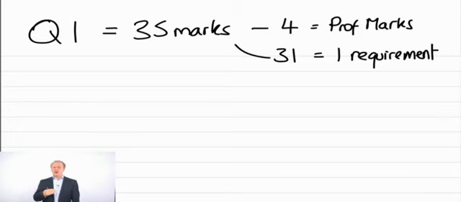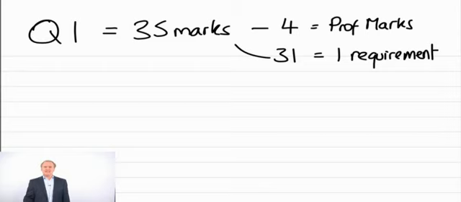Just read what the partner is asking and break down what the partner wants into its individual components, and then we can plan from there. Professional marks, I will talk about those when we look at the first question this evening. It's always best to do it as we're doing it, rather than talk about it separately.